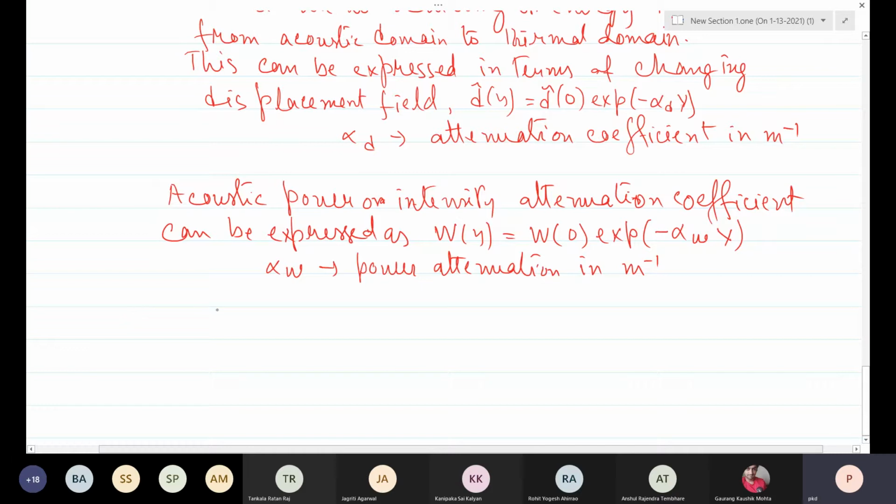Now, another important aspect that we have already discussed is reflection and refraction at a boundary of two materials. That is very important in ultrasonic instrumentation.